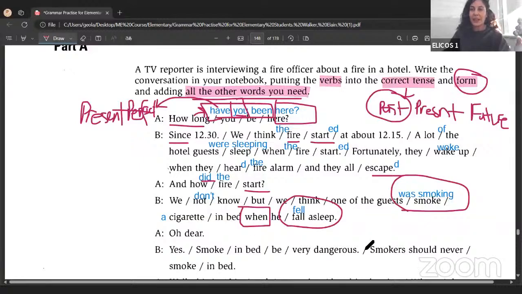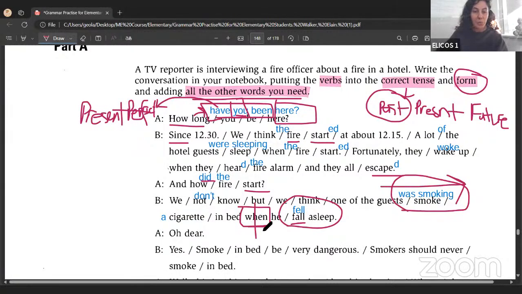So remember, when we have two actions and one of them was happening when another action stopped it happening. So this was continuous. He was smoking a cigarette in bed, and then this stopped the smoking when he fell asleep. Fell is irregular. That's how you say it, fell asleep. Again, it's a verb that has two words in it, so we only change the first part.